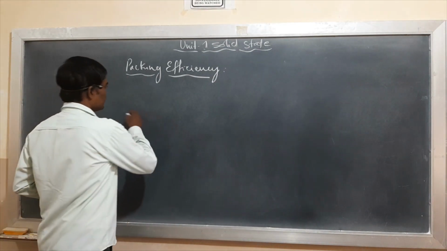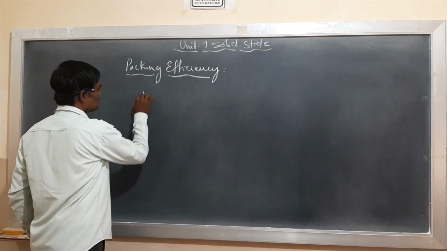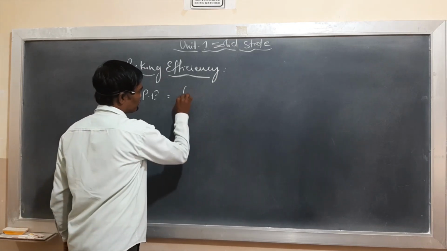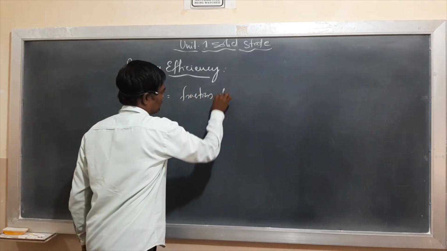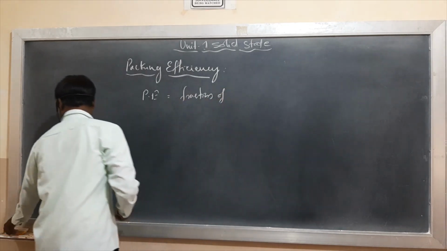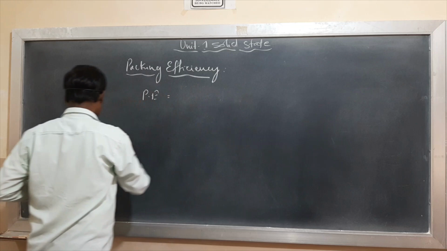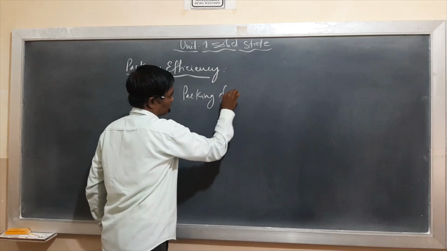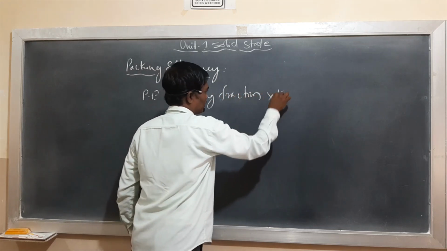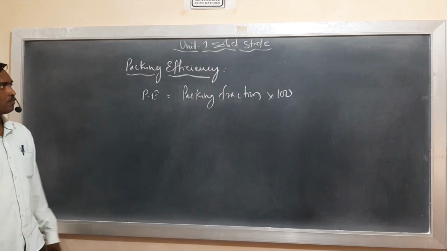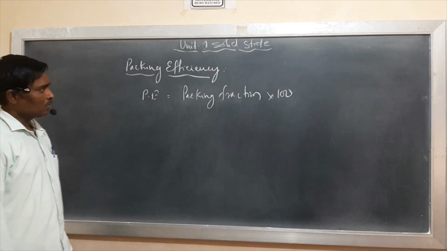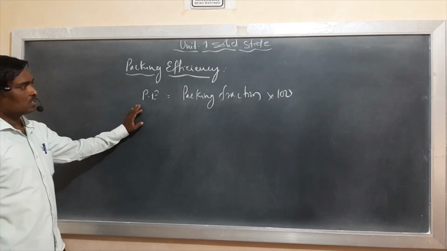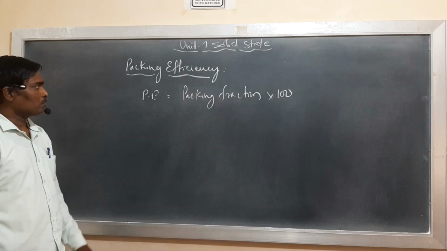You can write this packing efficiency as P.E. is equal to the packing fraction multiplied by 100, where packing fraction is the total space occupied by the particles in a unit cell, and when it is multiplied with 100 we get the packing efficiency. So packing efficiency is the percentage of the total space occupied by the particles.